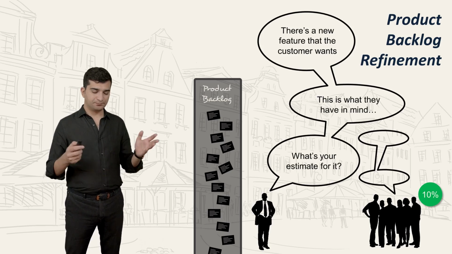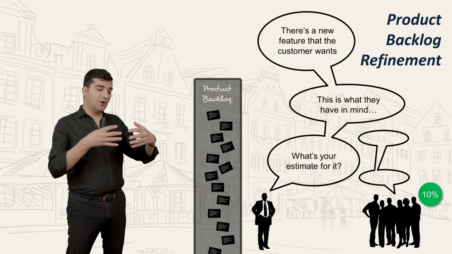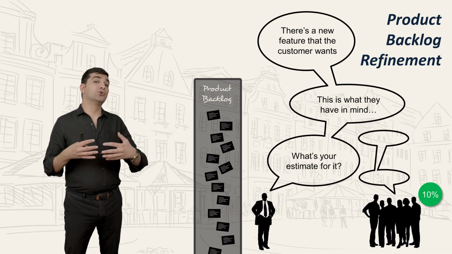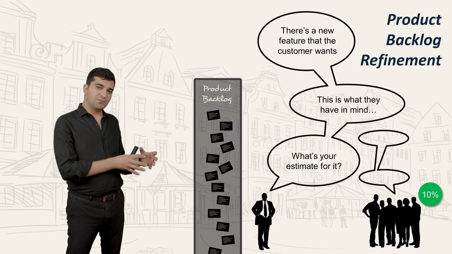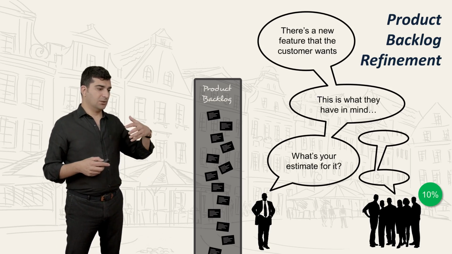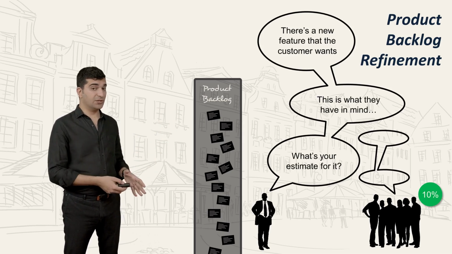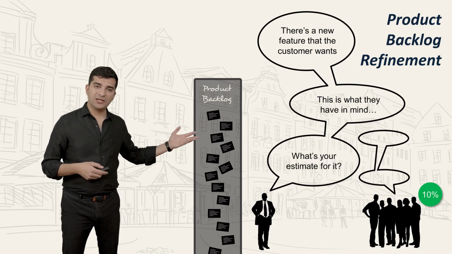All right, so that's it. This is product backlog refinement, and this is how we gradually refine our product backlog throughout the project. And therefore, when it's time for the next sprint planning, you will be completely ready. Everything in the product backlog is ordered, and even the developers already know what those items mean.